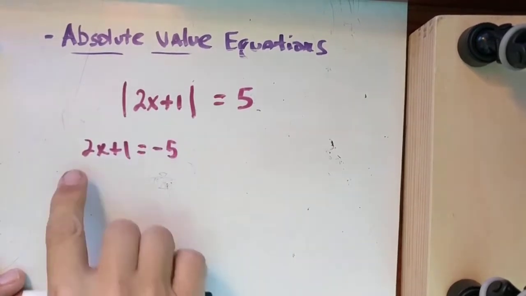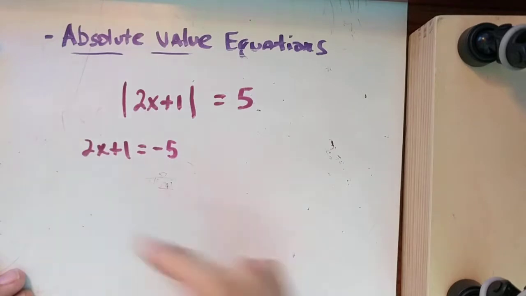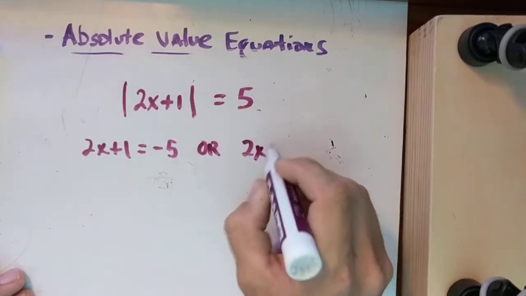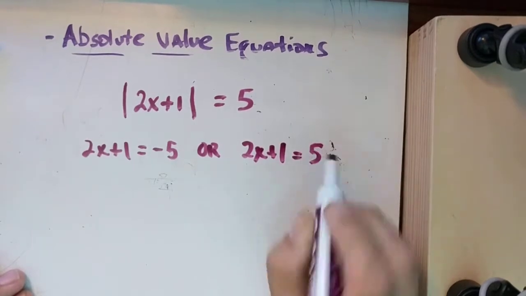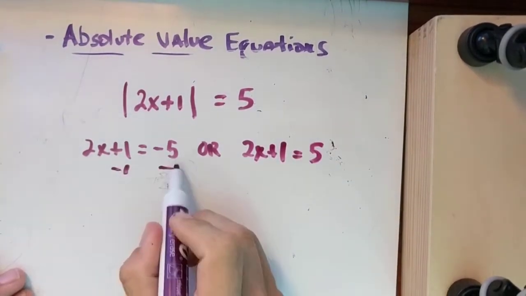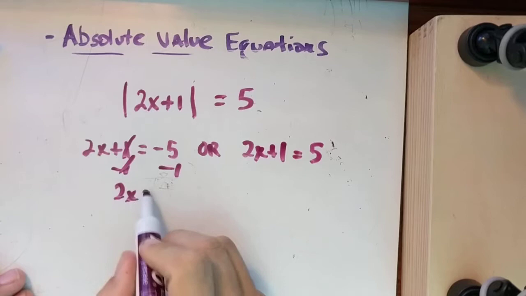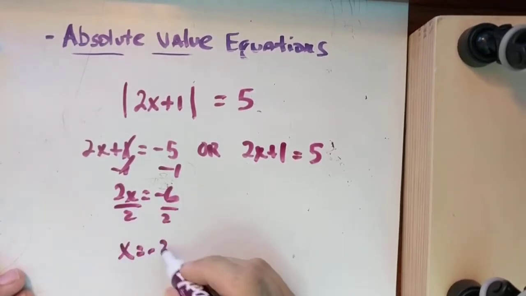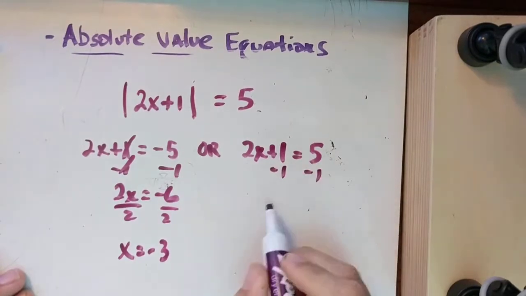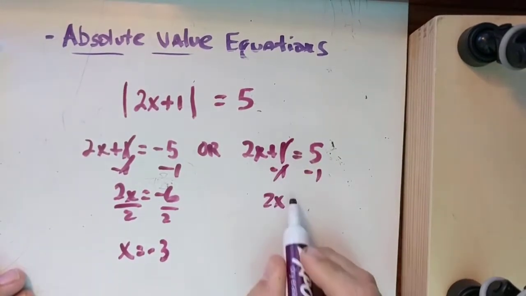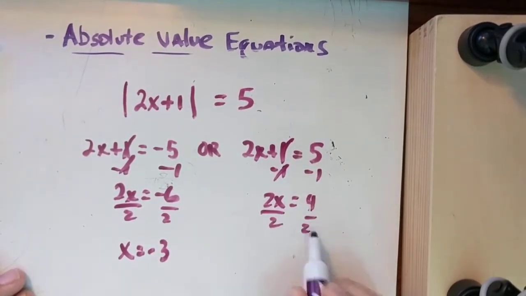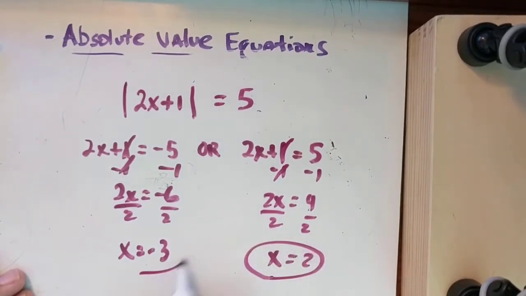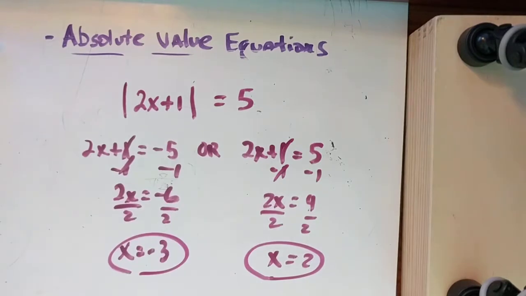One where the number inside is negative 5, or we could do positive 5. And then these are pretty easy to solve, so I'll just do these really quickly. And then divide by 2, and we get x is negative 3. And then over here, and I'm sorry if I'm moving the camera again, we get x equals 2. So these are the two solutions that would make this equation true.